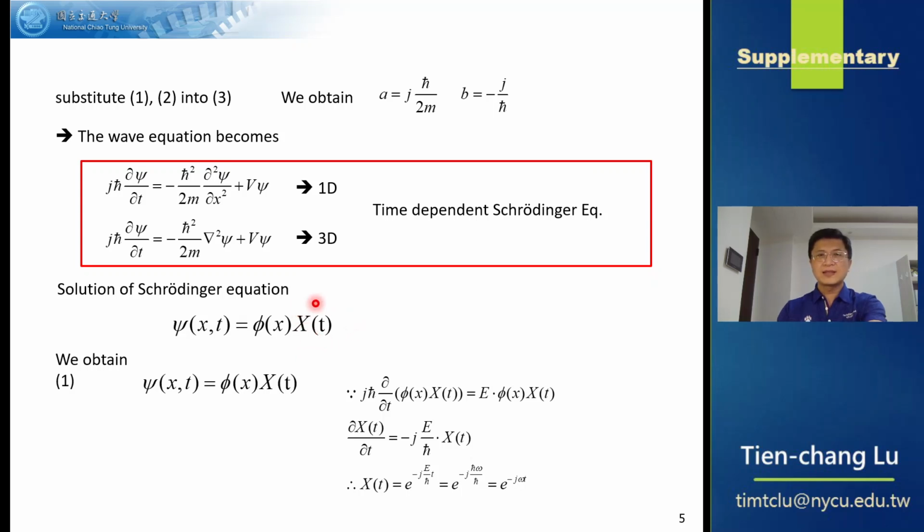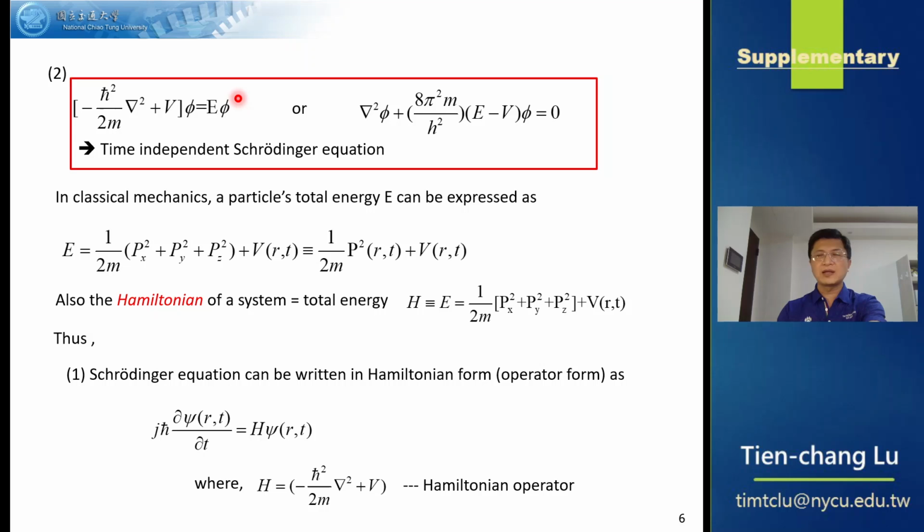Since this time-dependent part equals exponential of minus j omega t, it can be eliminated.